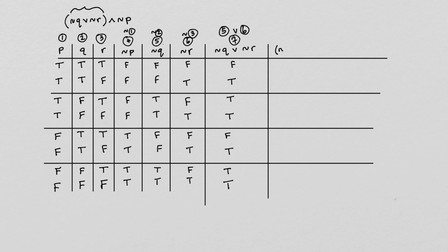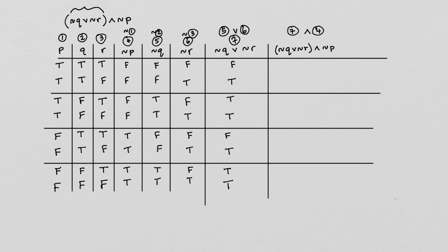And I have negation of Q or negation R and negation of P. So that's the column we just did, 7, and column 4. So just cover up the columns that you're not looking at currently.